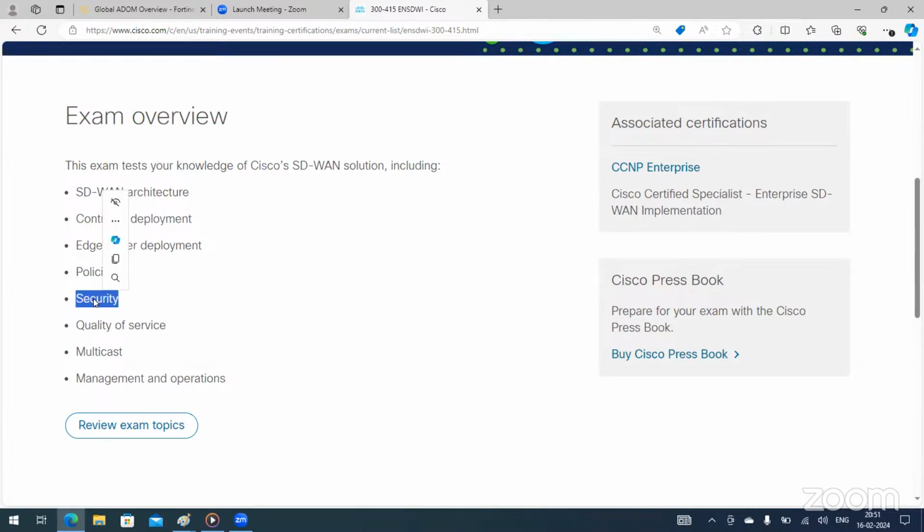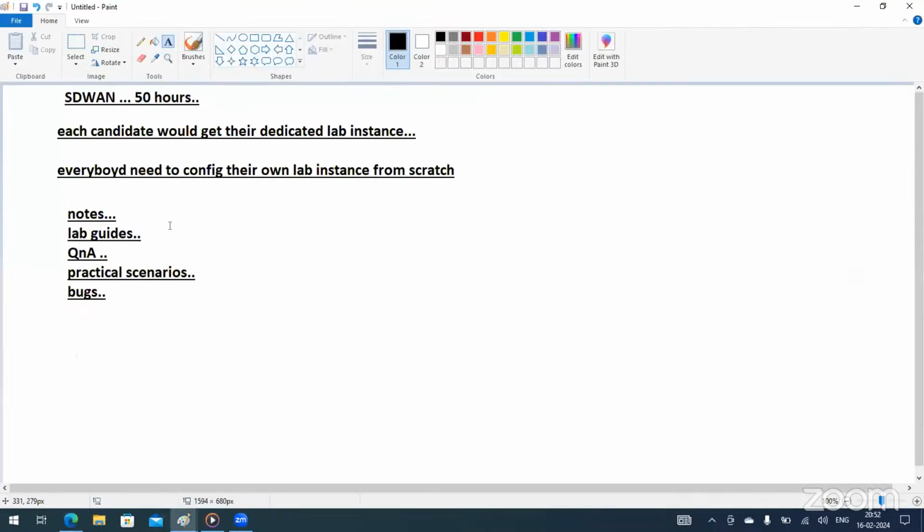Security, a key component, is one of the main reasons for switching to SD-WAN. QoS, multicasting, management, and operations. All these topics we would be covering throughout the course, though they are shared here at a high level. There would be more in-depth topics, and various things we would be talking about.